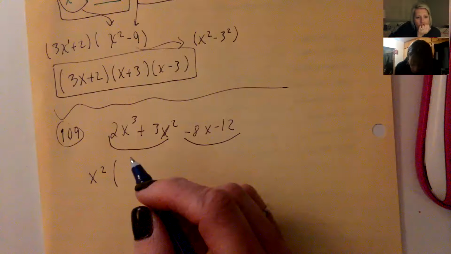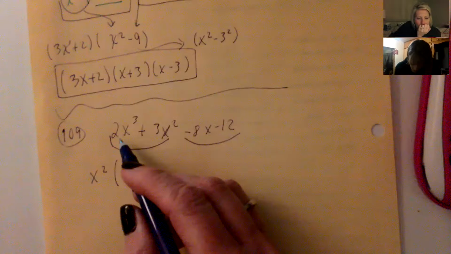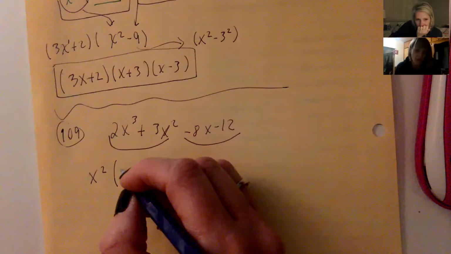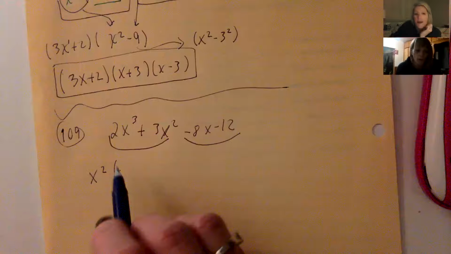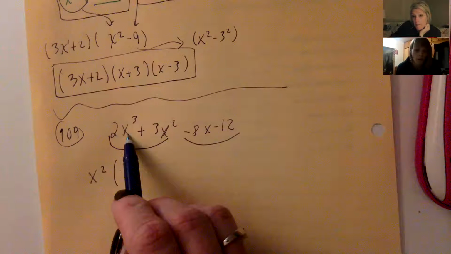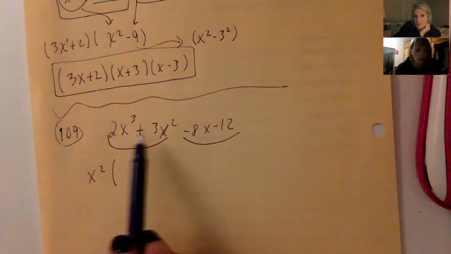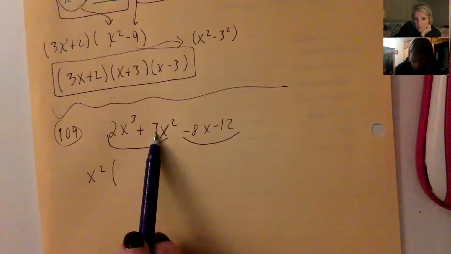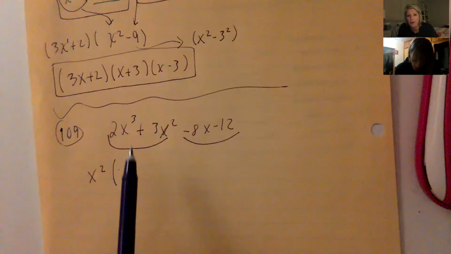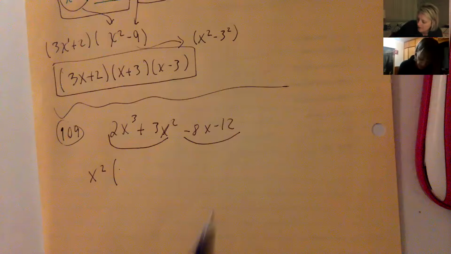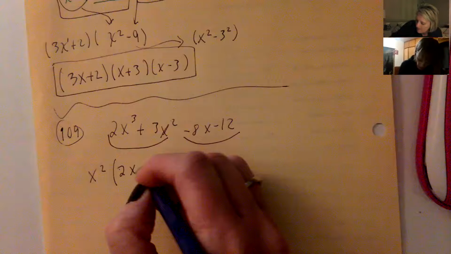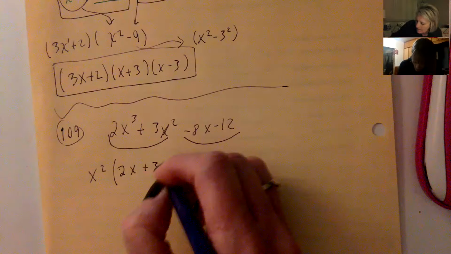And then what do they have left over? Is it x plus 3? A 2x plus 3. What is it? 2x? Yep, 2x plus 3. Oh, gotcha. I see it now. Yep. So 2x plus 3.